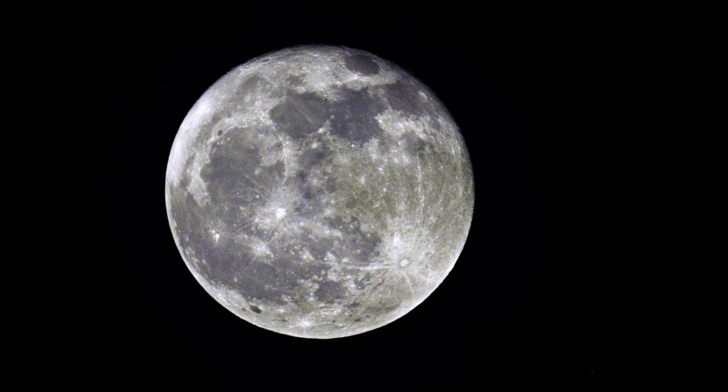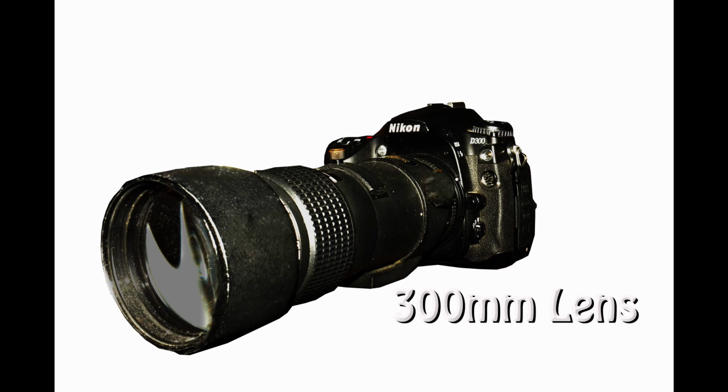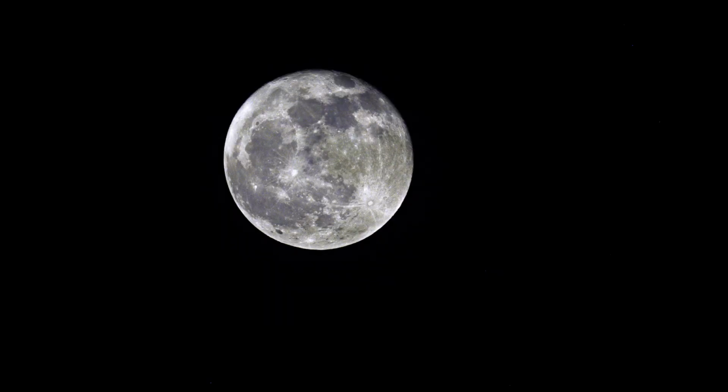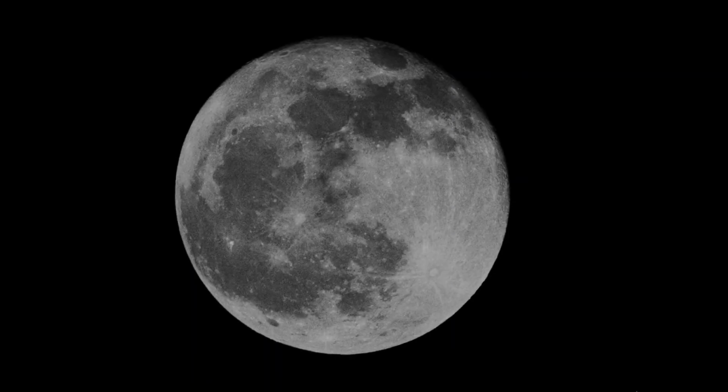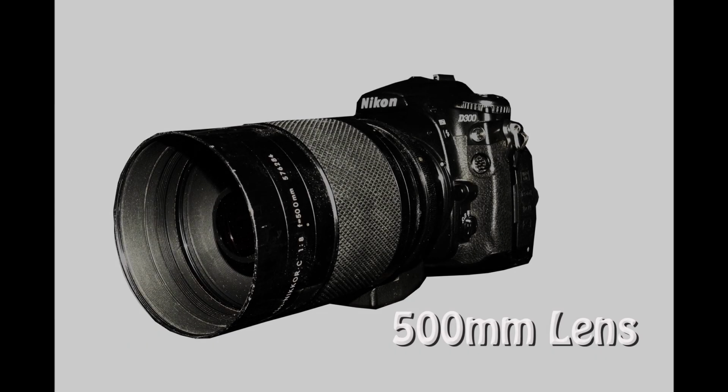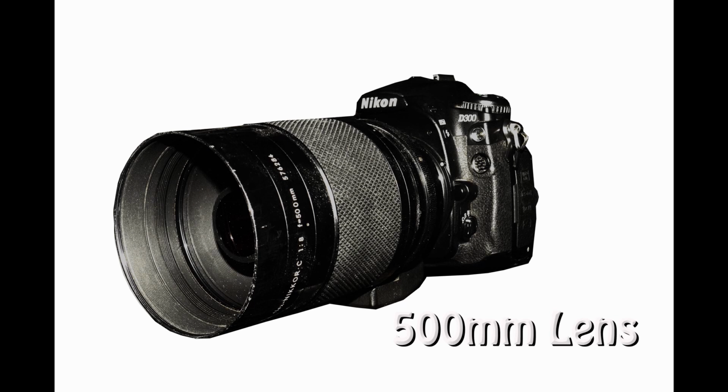So you need a high millimeter lens to begin with. 300 millimeter is okay, but if you could use a 300 millimeter with a doubler or a 1.5 converter on it, that would help. Just using a 200 millimeter lens is not enough.